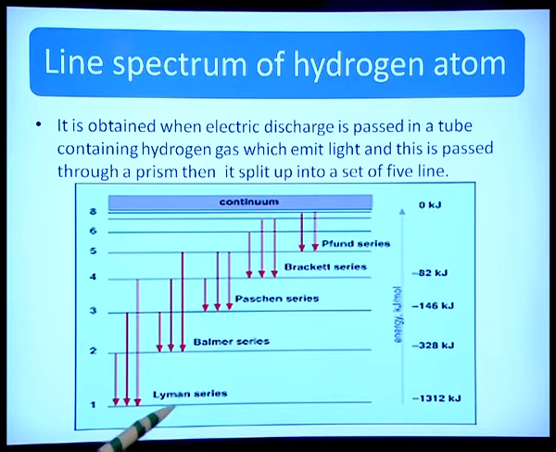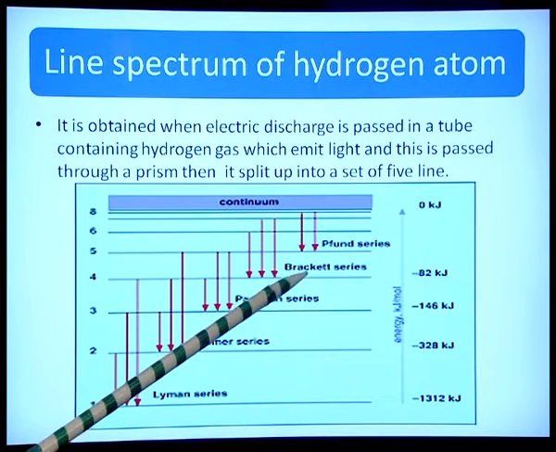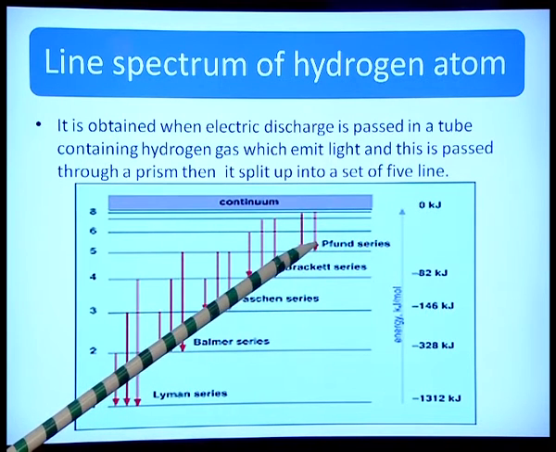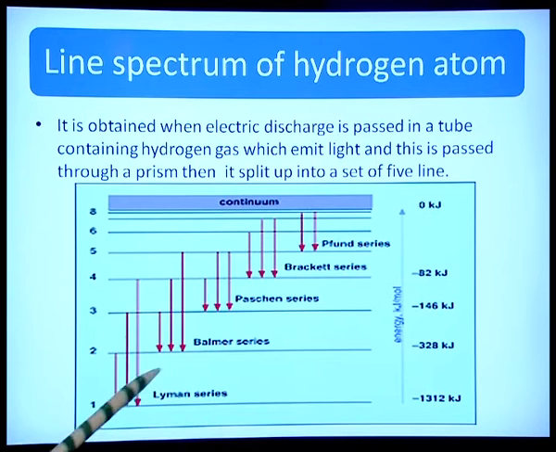These lines are Lyman series, Balmer series, Paschen series, Brackett series, Pfund series. You can see how we are getting these lines of spectrum. When we jump from the second energy level to the first, third energy level to first, fourth energy level to first, that is, if we are jumping from a higher energy level to the first energy level, we get the Lyman series.